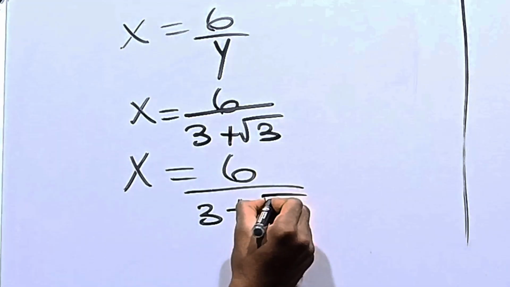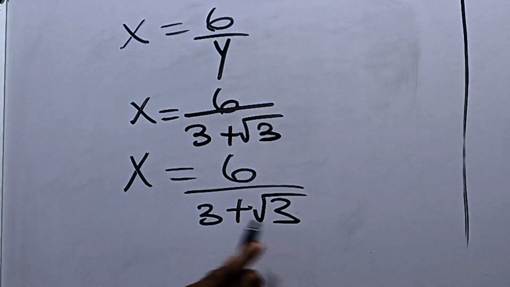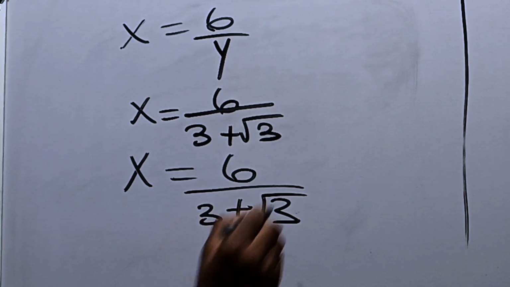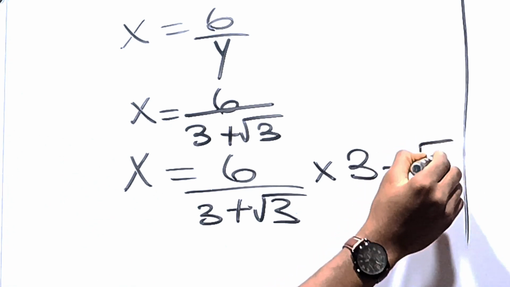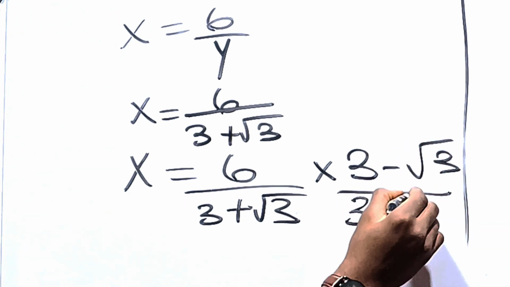Now what we're going to do here is multiply both the numerator and denominator by the conjugate of the denominator. The conjugate of the denominator is 3 minus root 3. So we multiply here by 3 minus root 3, and multiply here by 3 minus root 3 as well.